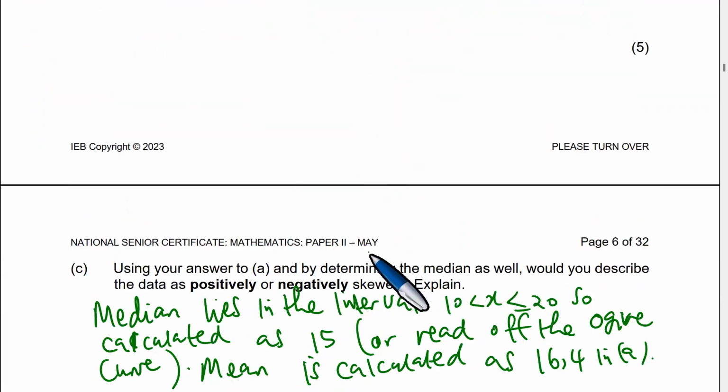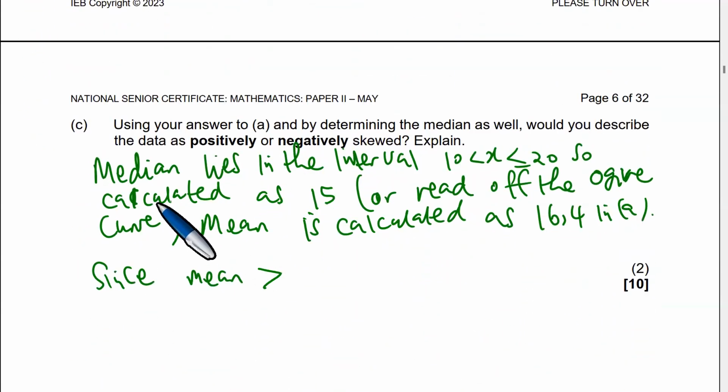So the median lies in the interval 10 to 20, so it's calculated as 15.